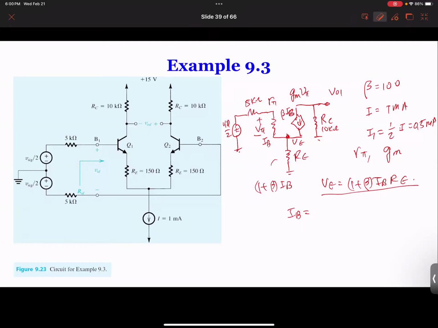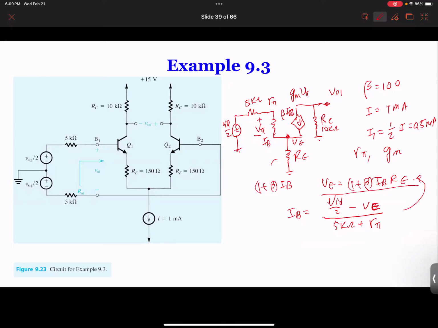What I meant is IB equal to 1/2 VID divided by 2 minus VE, over 5 kilo ohm plus R pi. I cannot write VE on this pen. And then you can plug in this IB here, right?